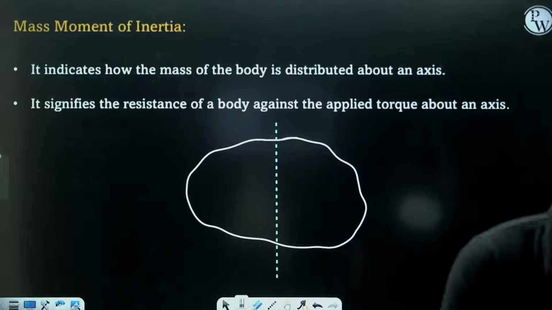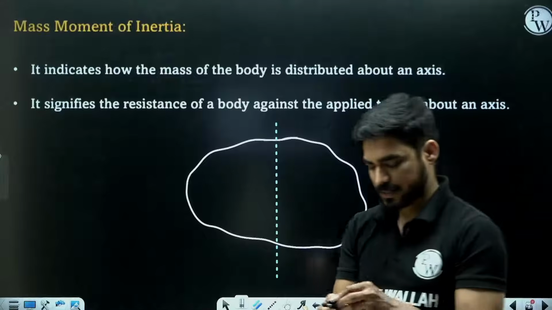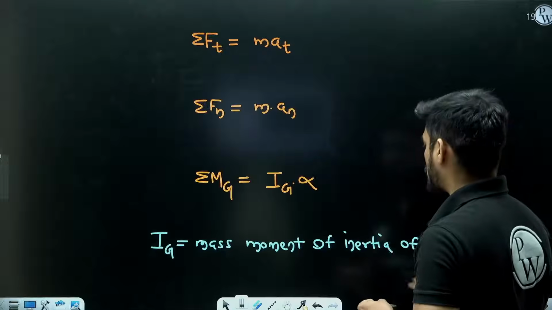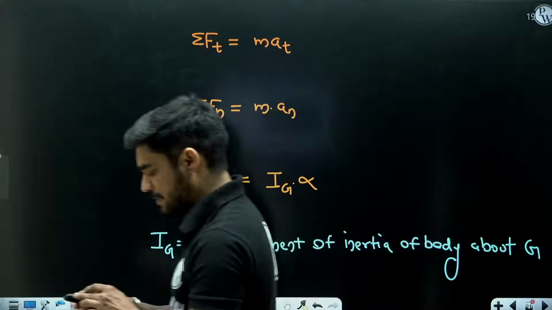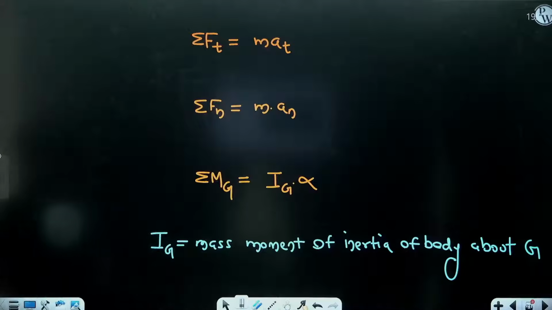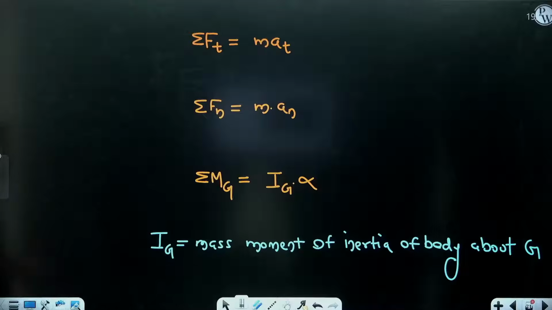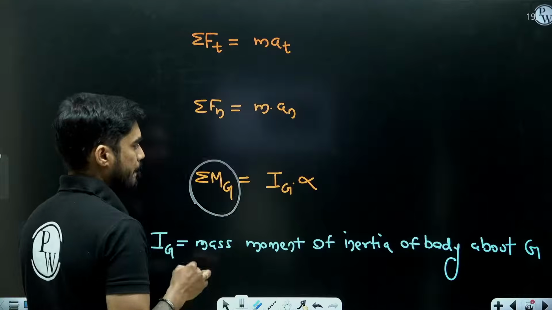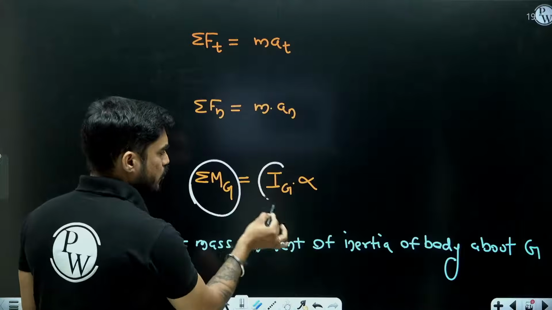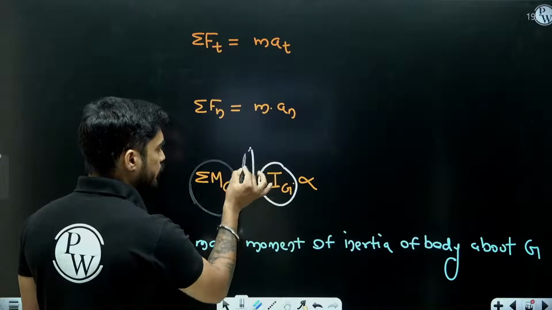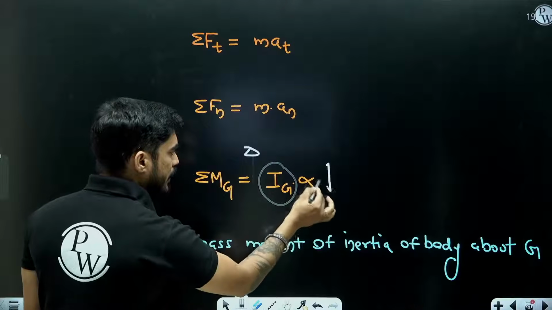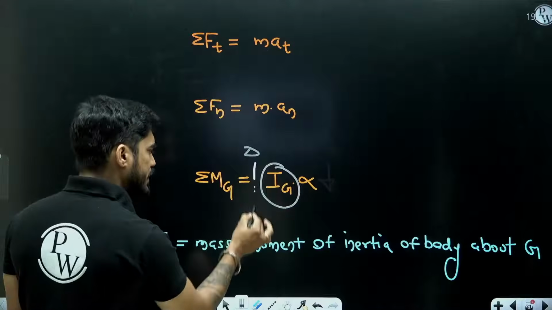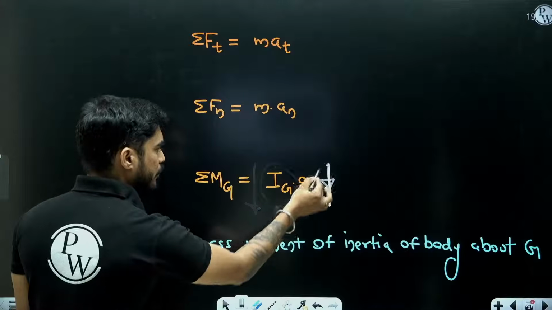What is the significance of mass moment of inertia? Let's look at this equation: summation of M equals I alpha. Let's say I am trying to rotate a body by applying a moment. If the mass moment of inertia is more, alpha will be less, and if the mass moment of inertia is less, alpha will be more.